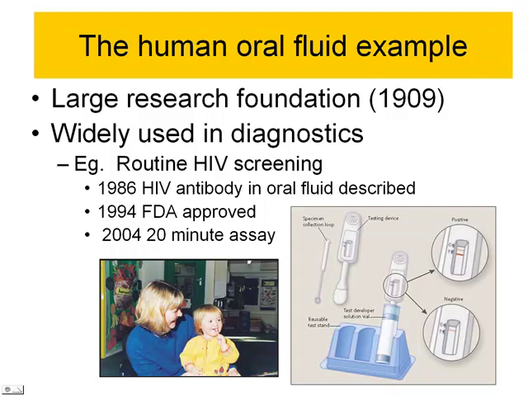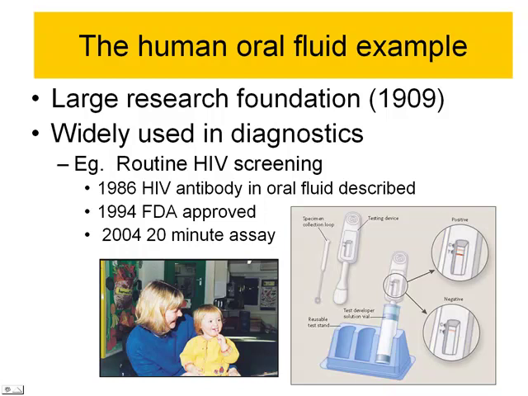The largest application has been in HIV surveillance and screening, obviously in humans. By 1986, they described antibody in the oral fluid. By 1994, there was an FDA-approved assay that people were allowed to use to diagnose patients with HIV.